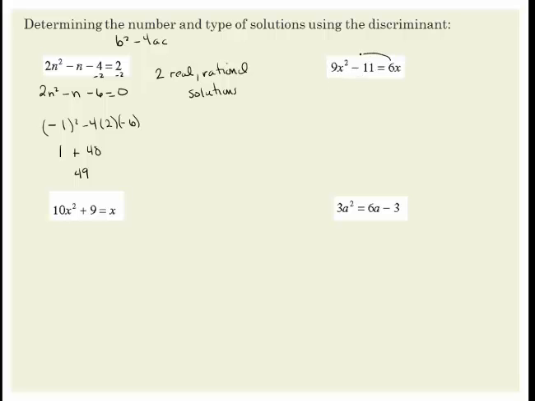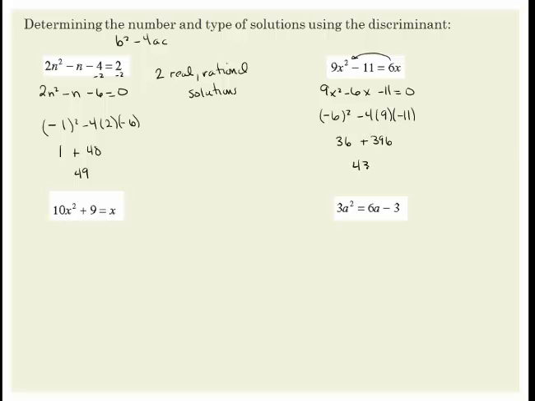I need to move my 6x over, so I'll have 9x squared minus 6x minus 11 equals 0. B squared minus 4 times a times c. So 36 plus 396.